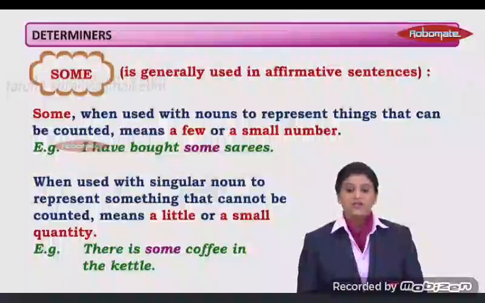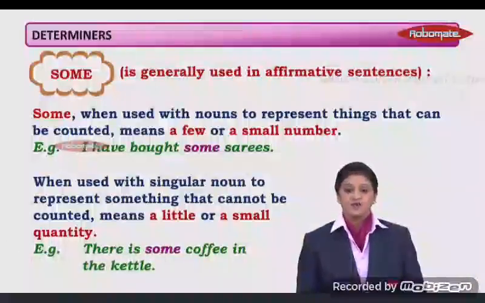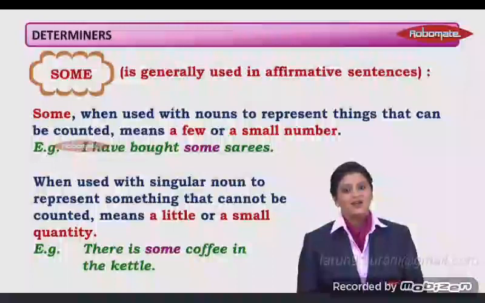But here, coffee cannot be counted, and thus we will have to consider the quantity of the coffee, and thus we say that there is a little coffee or a small quantity of coffee in the kettle, and some represents a little or a small quantity.